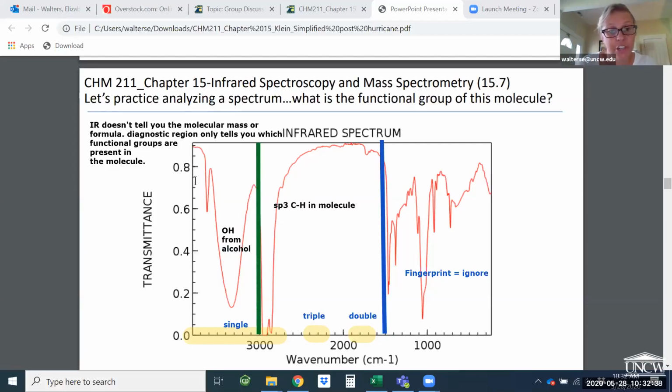And this feature is likely hydroxides, OHs from alcohols that are not participating in intermolecular forces. So even though you don't know what kind of alcohol this is, you can say at the end of this analysis that this IR belongs to an alcohol.